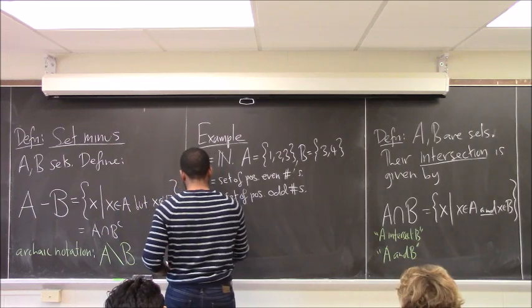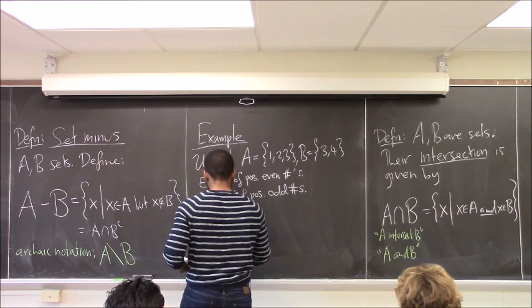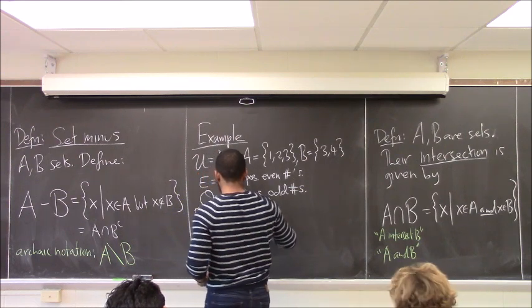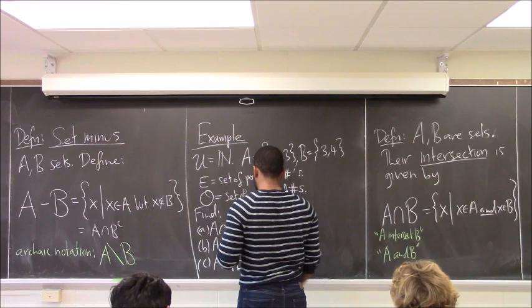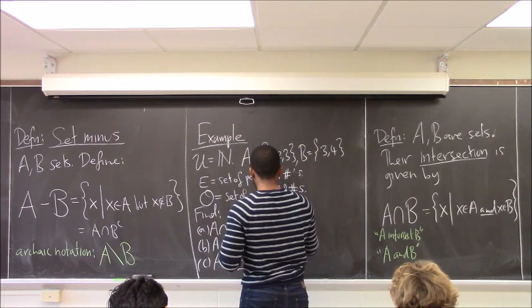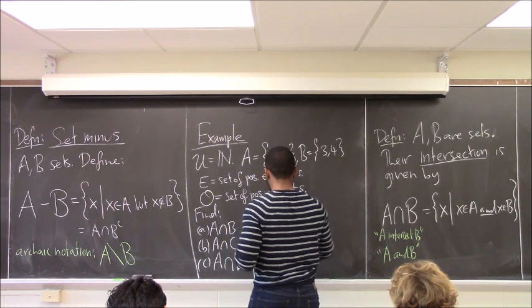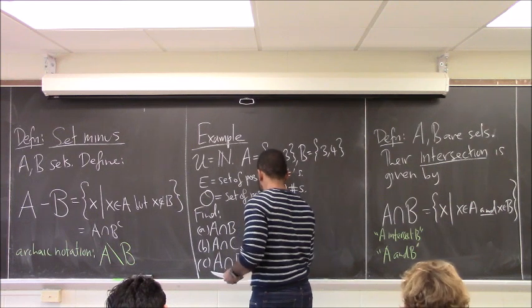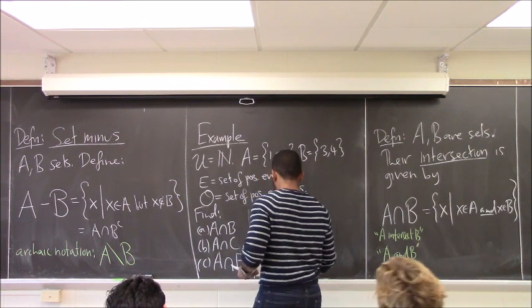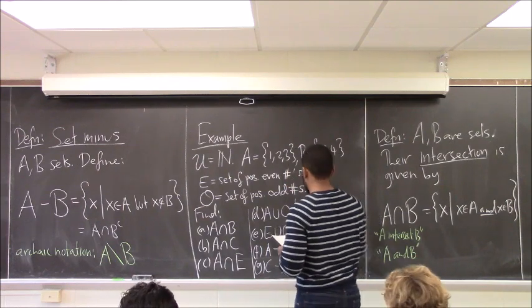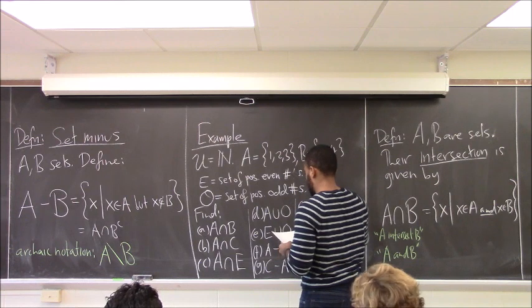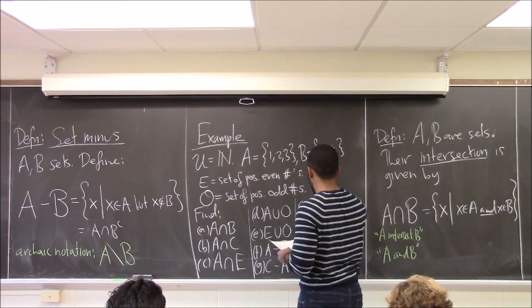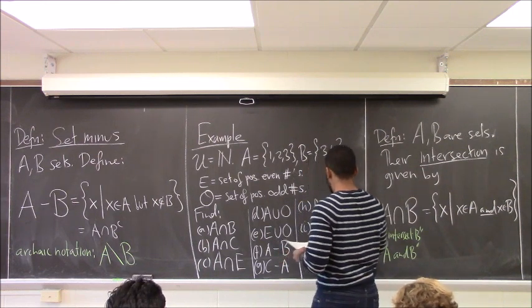A intersect B. A intersect C. A intersect E. A union O. E union O. A minus B, C minus A, E minus A. Huh?